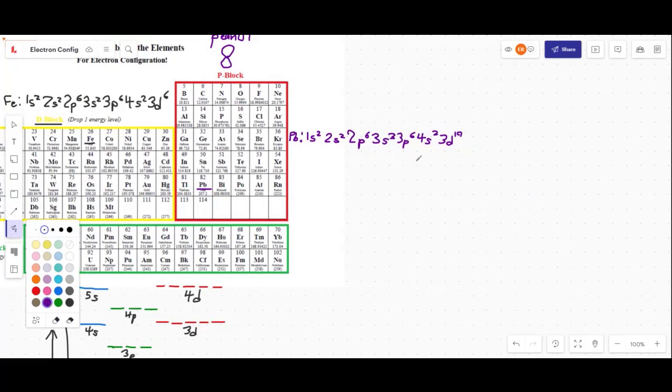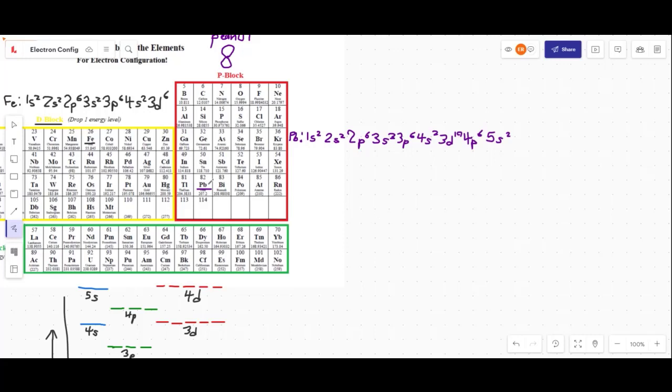Now I can continue. After 3d10, 4p6, I think is what Ethan said. And then 5s2. And then after 5s2, wait, which one are we going to?